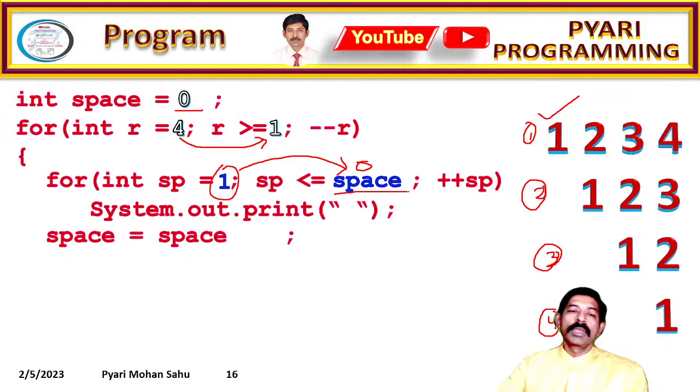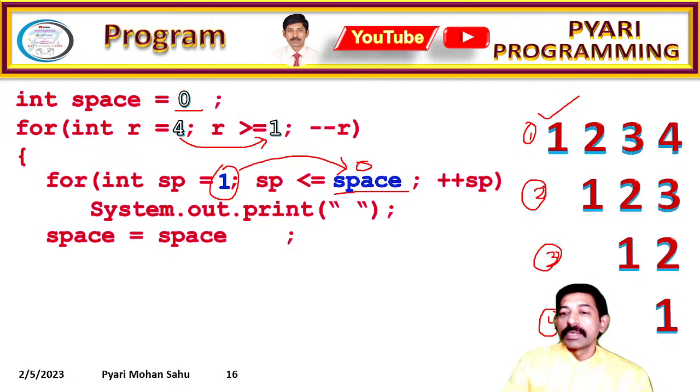Now what should be the space value? It is plus how much or minus how much? Versa says plus 2, plus 2, plus 2.